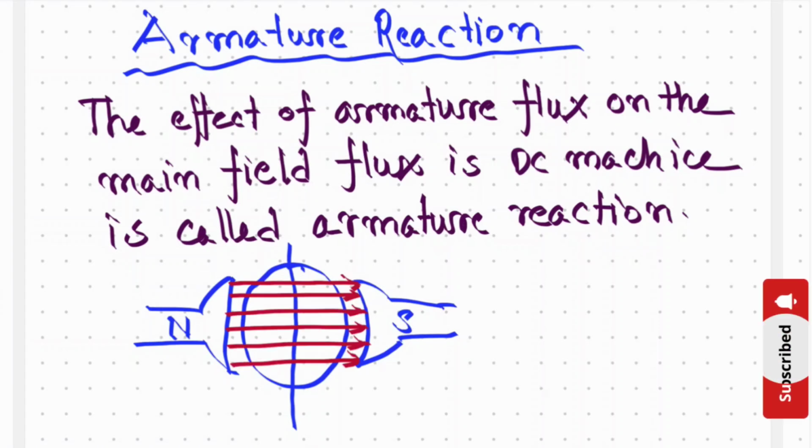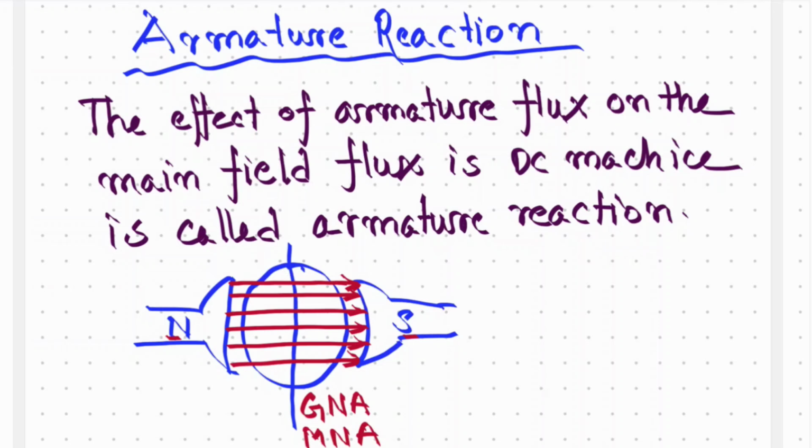Here there are two axes. One is called GNA, the geometrical neutral axis, and the other is MNA, the magnetic neutral axis. Here this is the north pole, this is the south pole, and these are the flux. In between is the armature. In the normal condition, these are called the main field flux.